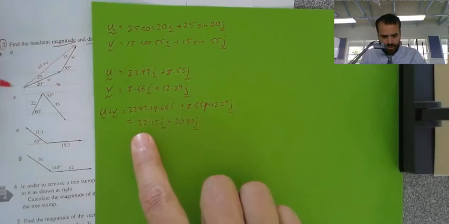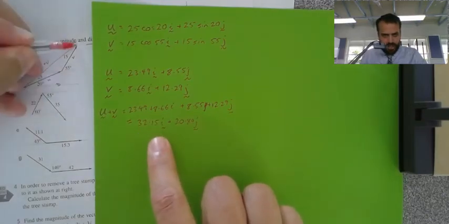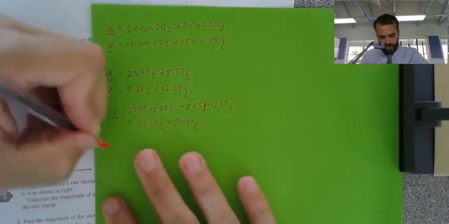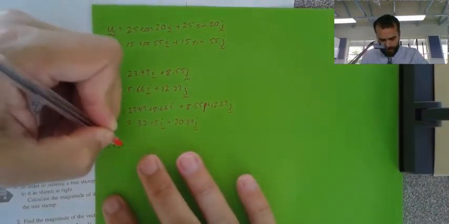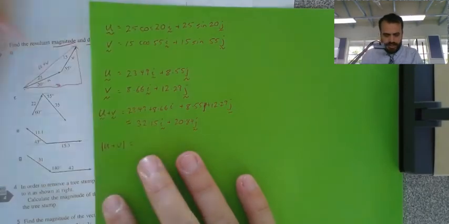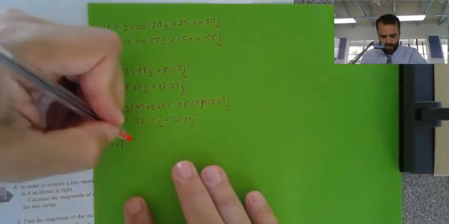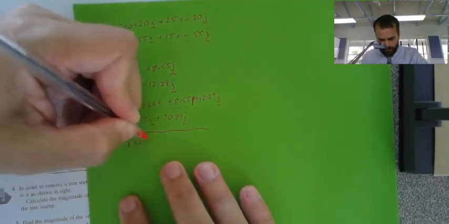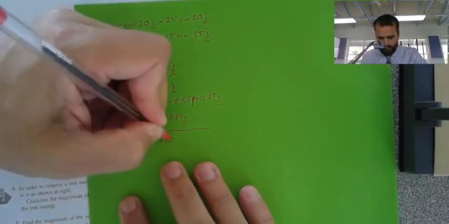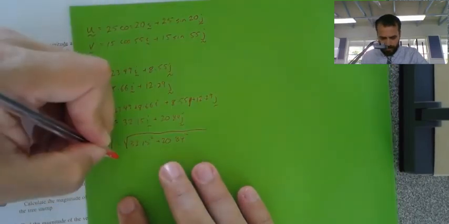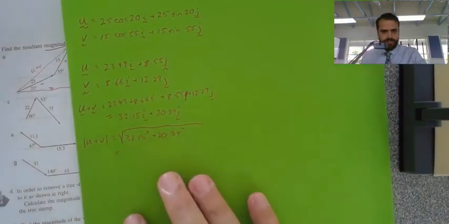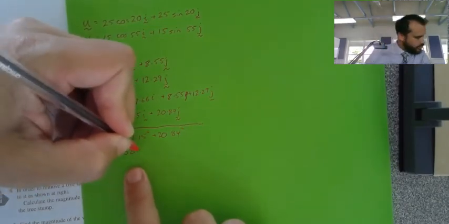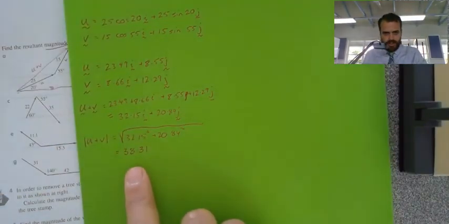If we know the i component and we know the j component, we can find the magnitude. So the magnitude of u plus v is equal to the square root of 32.15 squared plus 20.84 squared. Alright, and that's going to be 38.31. So there's our magnitude.